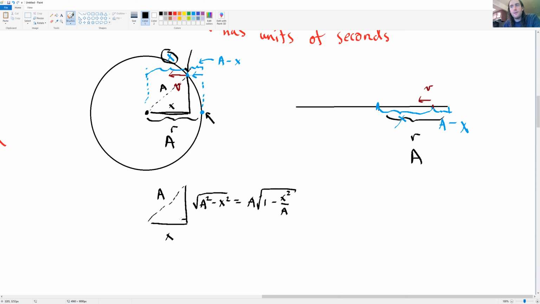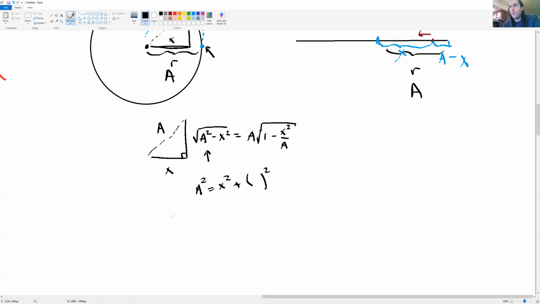So we can use the Pythagorean theorem to solve for this side here. So a squared equals x squared plus this unknown side squared. We don't know what it is, but we can solve for it. So it's a squared minus x squared equals this thing squared. I take a square root on both sides, so the unknown side here is the square root of a squared minus x squared.